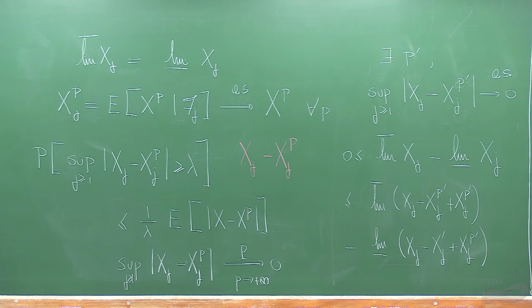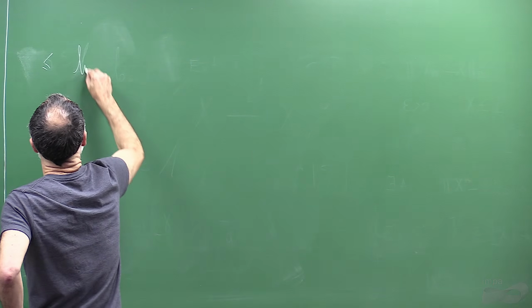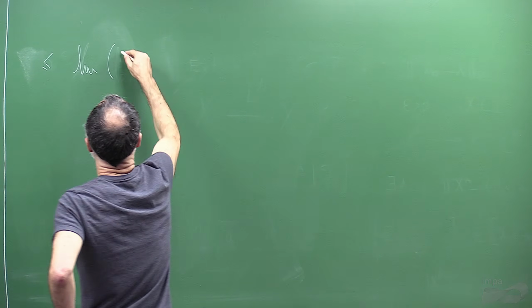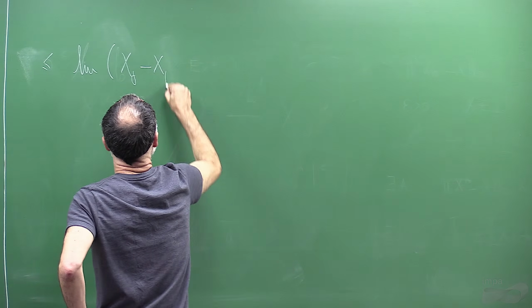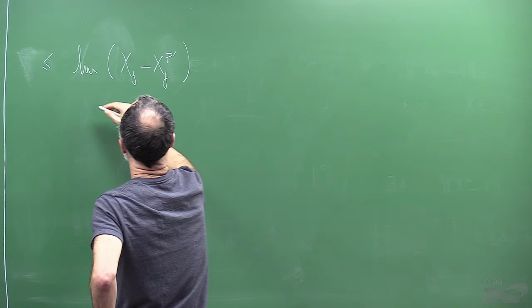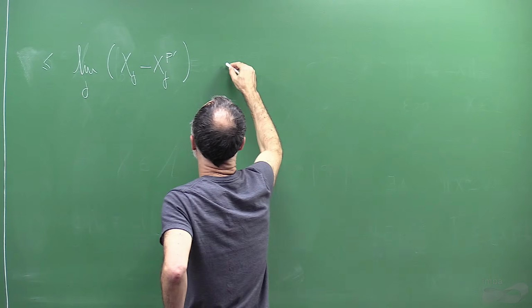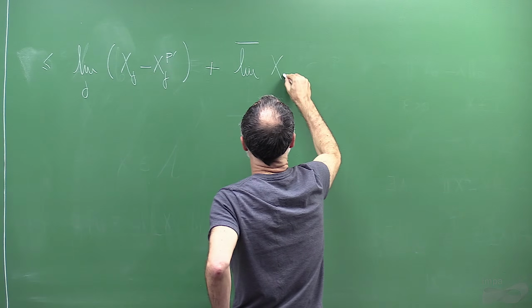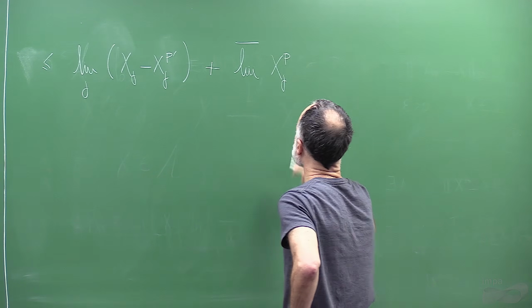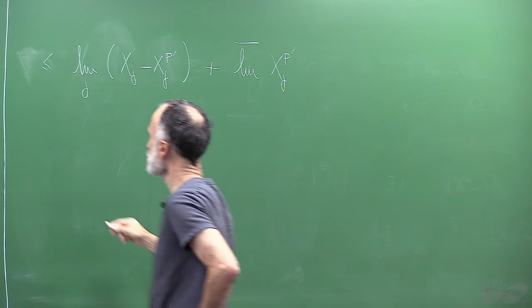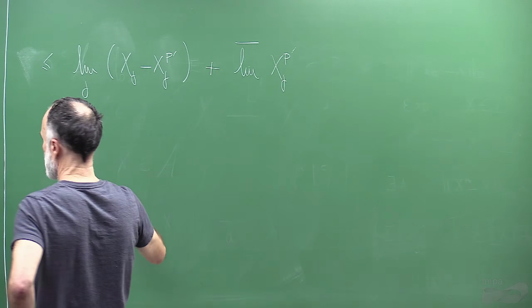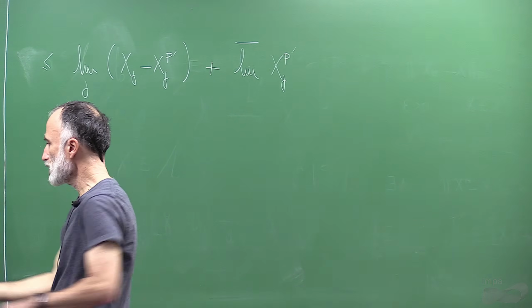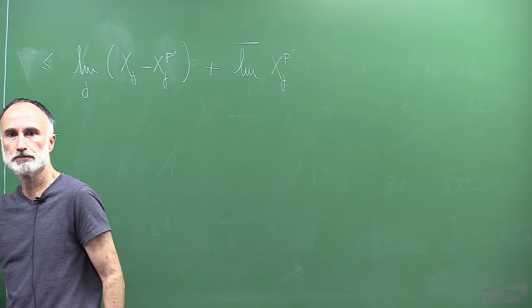Now, the limit sup of a sum is bounded by the sum of the limit sups. And for the limit inf, it's just the opposite, but I have the minus sign.